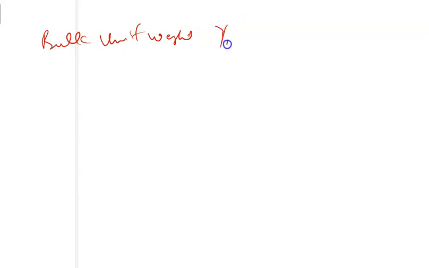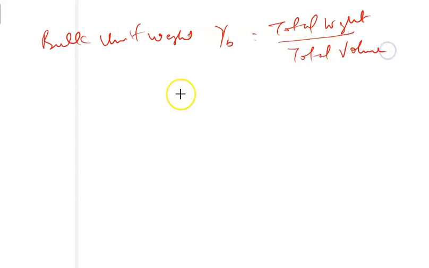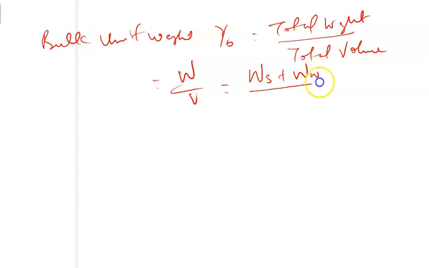Bulk unit weight, which is denoted by gamma B, is equal to total weight over total volume, and this is equal to W over V. When we want to express this, it becomes the weight of solids plus the weight of water over the volume of solids plus the volume of water.